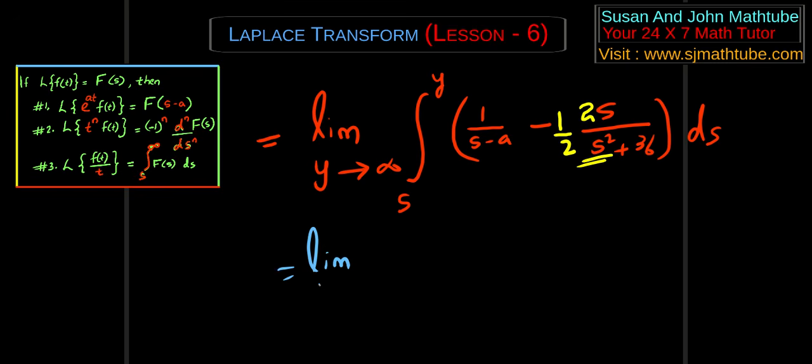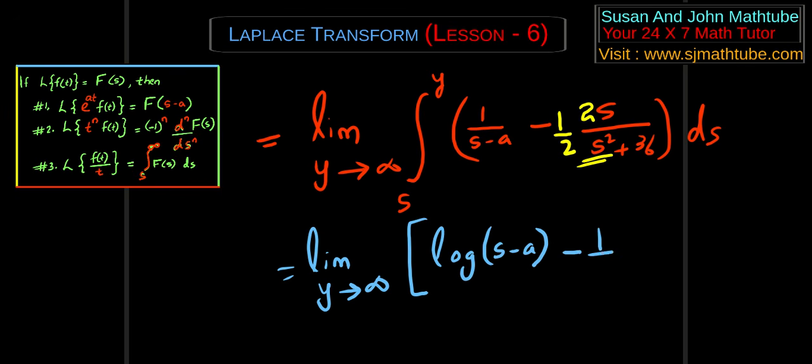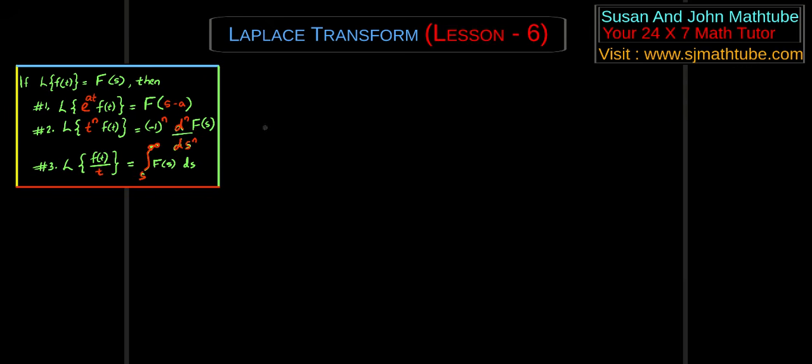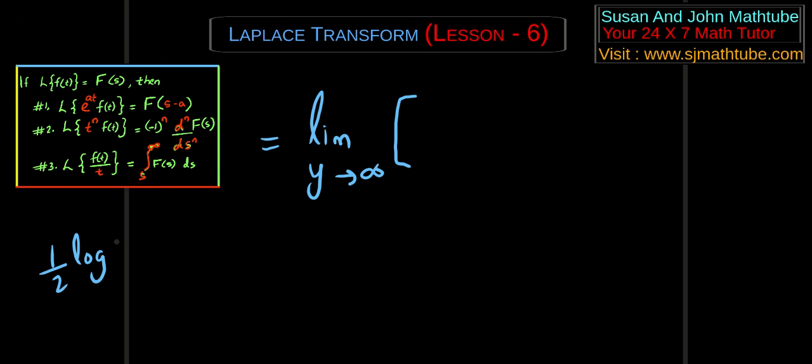So this will be limit y tends to infinity. The first function will be log (s minus a), and the second one will be minus 1 by 2 log (s square plus 36). I hope you remember, if the derivative of the denominator exists in the numerator, then the answer will be log. And this gives me limit y tends to infinity. Do you know what will happen to half log a?